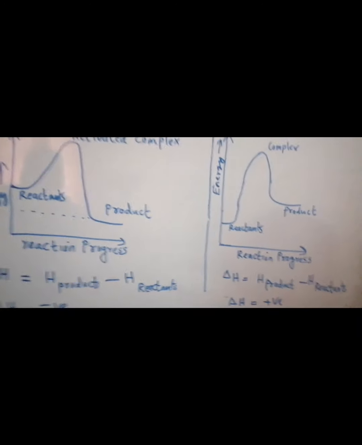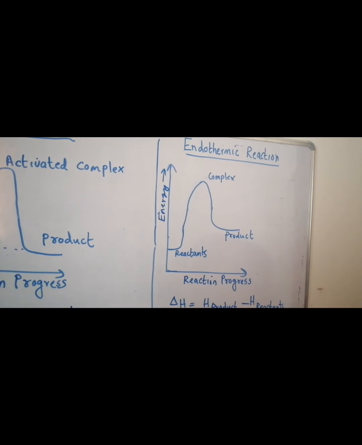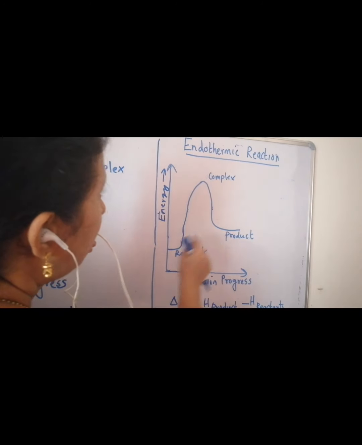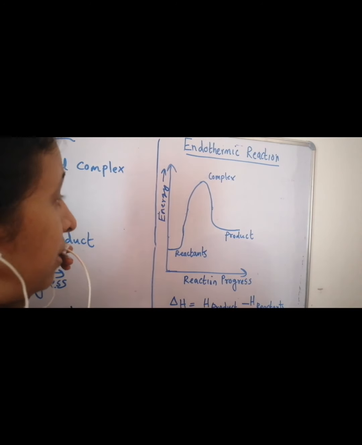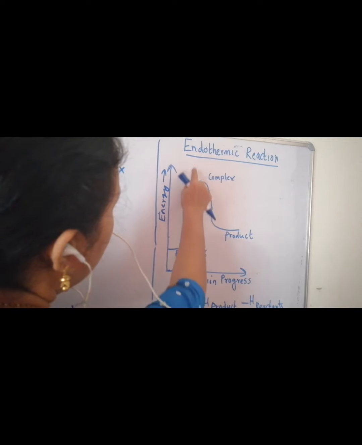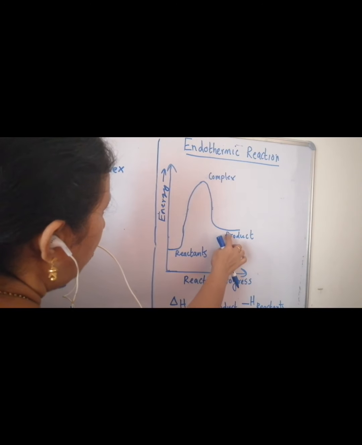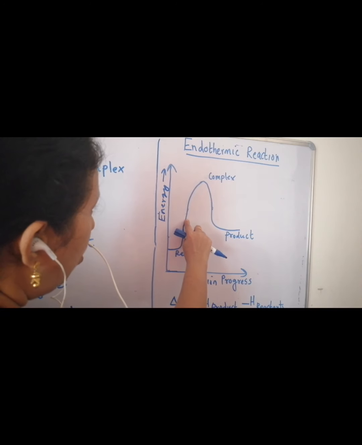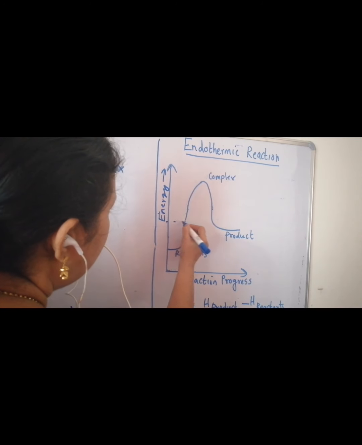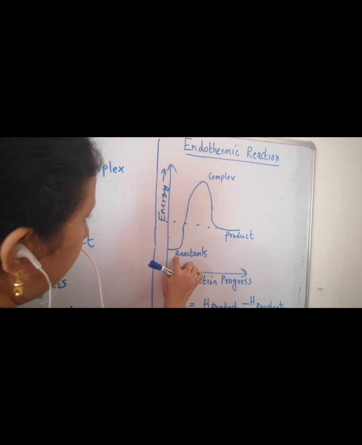Whereas in an endothermic reaction, an endothermic reaction is the reaction in which the heat energy is absorbed from the surroundings. So, in an endothermic reaction, the product has more energy than the reactant.